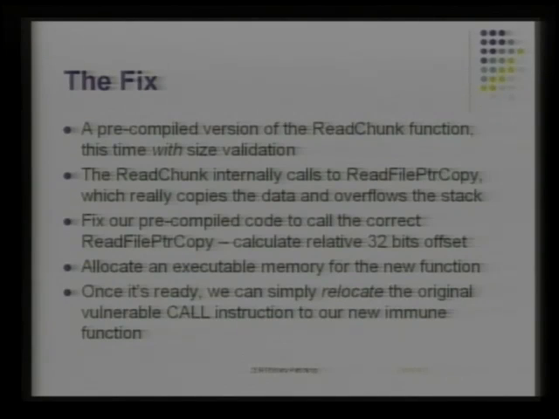After we did all these things, part of it precompiled and part at runtime, we have to relocate the original vulnerable call. So the read chunk has to be patched to the newly allocated function.